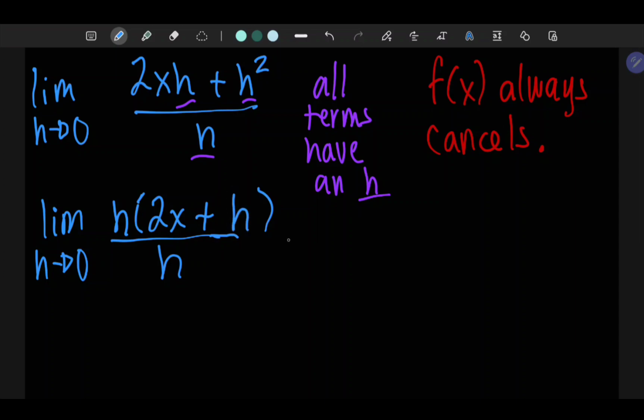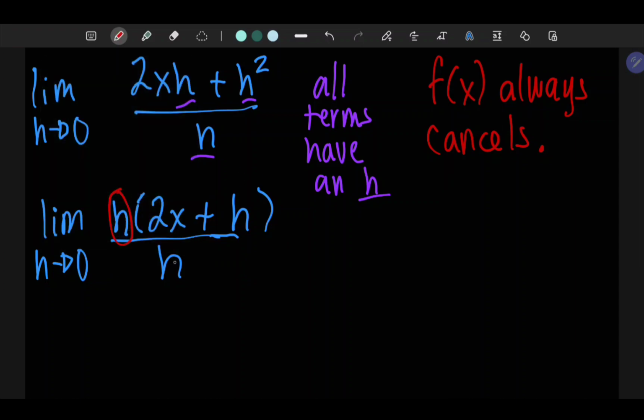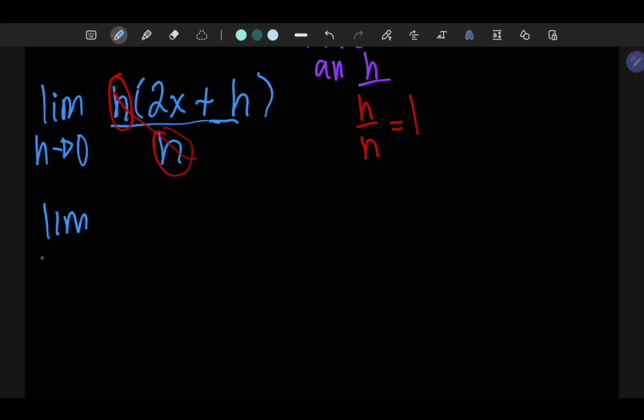Simplify. Now we can cancel. Anything divided by itself is equal to 1. H over h is just the same thing as 1. So those cancel. Now our terms are much more simple, and we're left with 2x plus h. Well, now since we don't have h on the denominator, we can plug it in and do direct substitution.